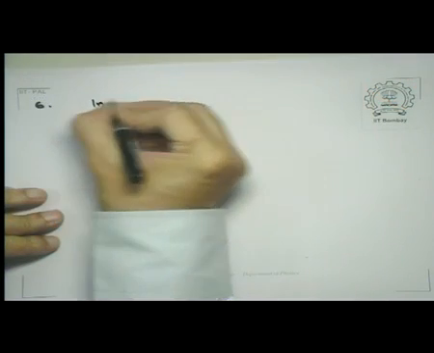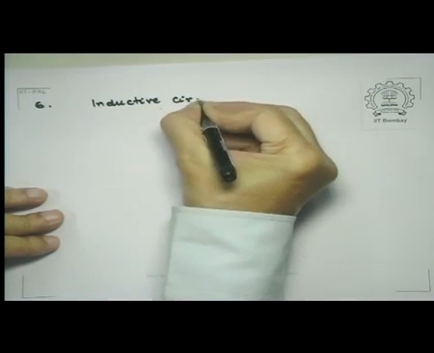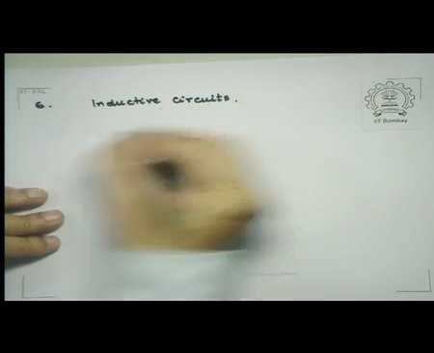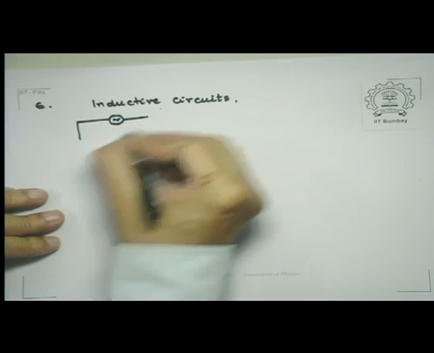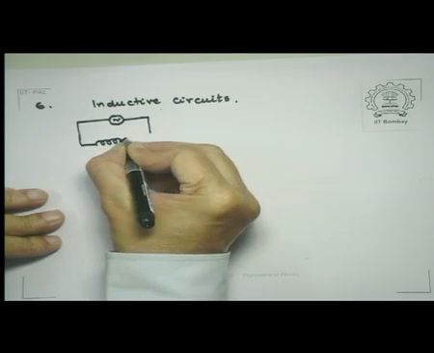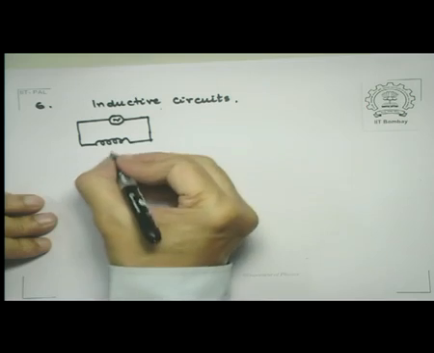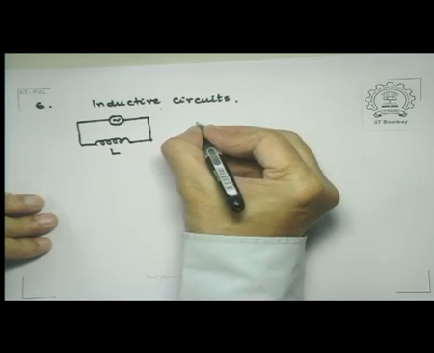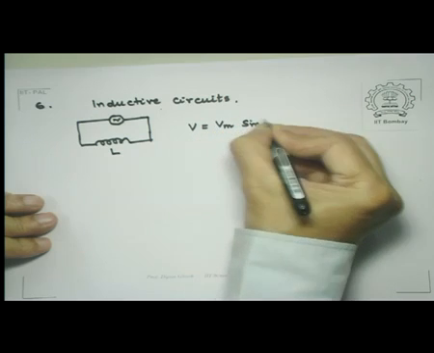If on the other hand we have an inductor in the circuit, so inductive circuits, this is the representation of an inductive circuit. Once again, let us take the voltage to be given by Vm sin omega t.